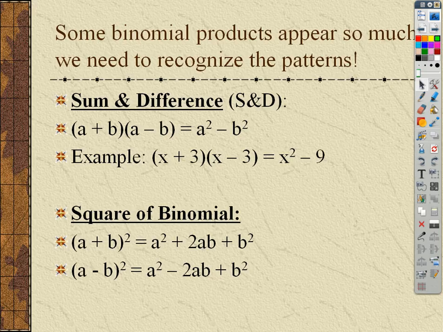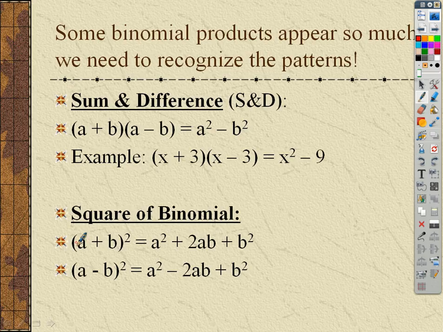Square of a binomial we didn't really spend a lot of time on. But here it is. We've got a pattern that says if we square out a binomial, we always get this result. So the quantity a plus b squared is always going to look like first term squared, so a squared, plus 2 times the first times the second, so plus 2ab, plus the last term squared.